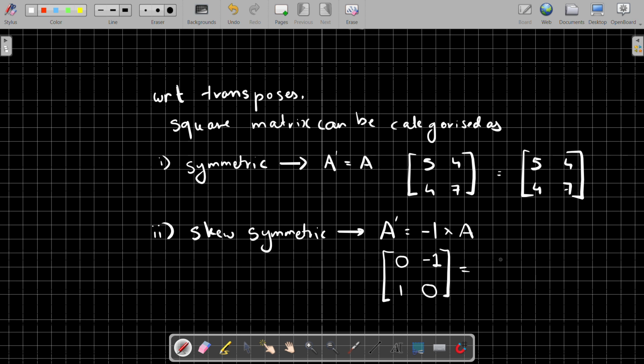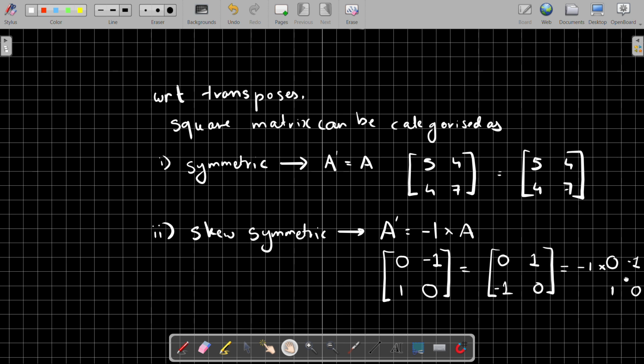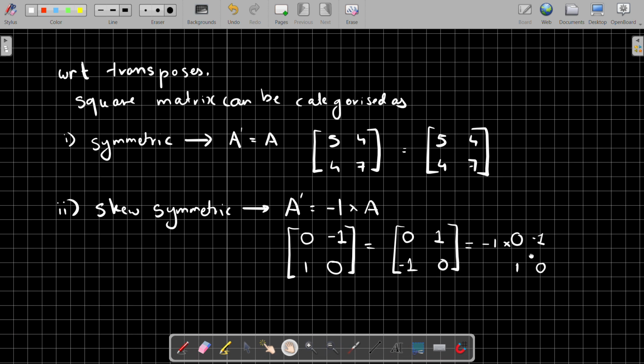Let's take its transpose, which will be 0, 1, -1, 0, and this is the same as -1 into the original matrix. Let me move the board itself.